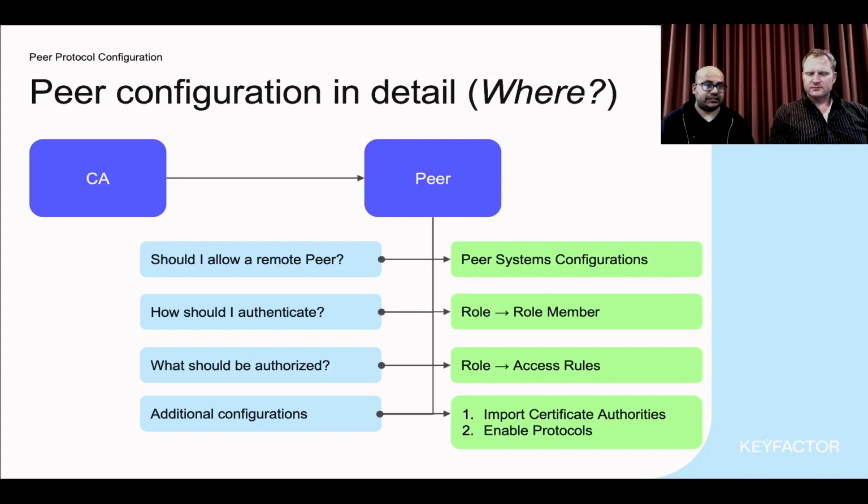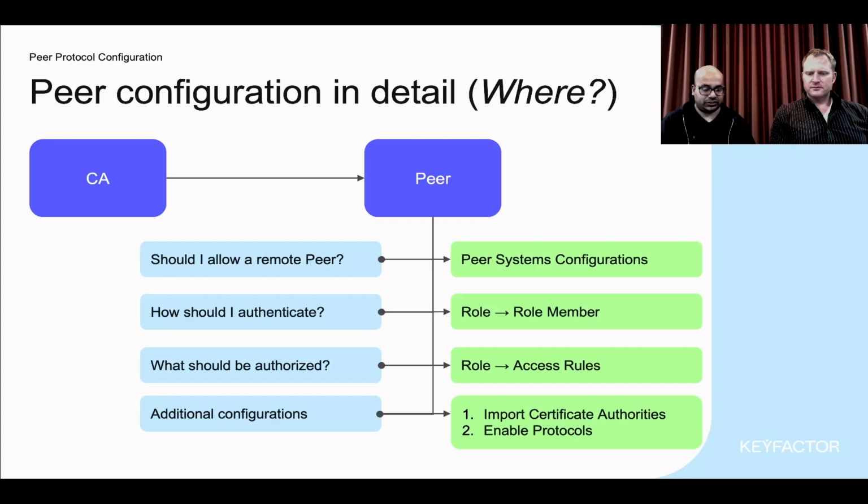And finally the CAs you have set up in the CA nodes, you need to configure them in the peer systems like RS and VS, so their certificates need to be imported, and some similar things in this direction. All of these things can be done with deployment automation, we will see soon.